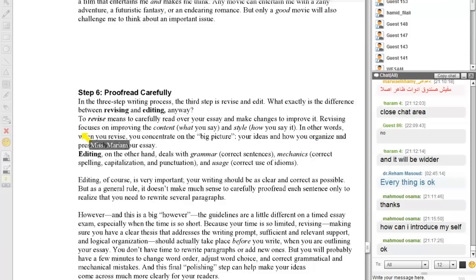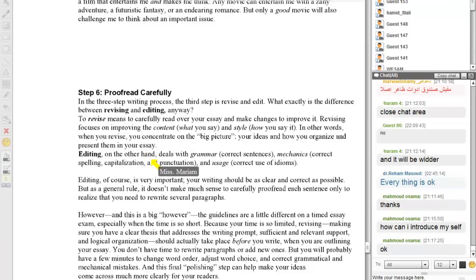In other words, when you revise, you concentrate on the big picture, your ideas, and how you organize and present them in your essay. Okay, you look at your essay as a whole.